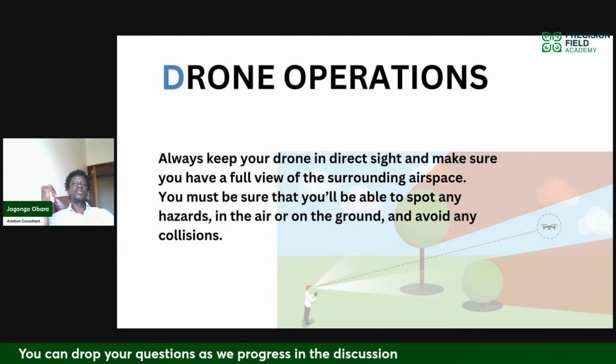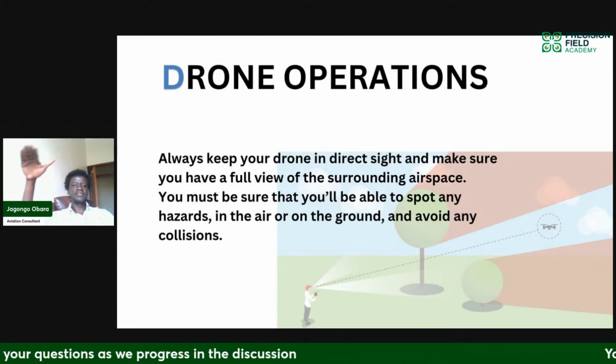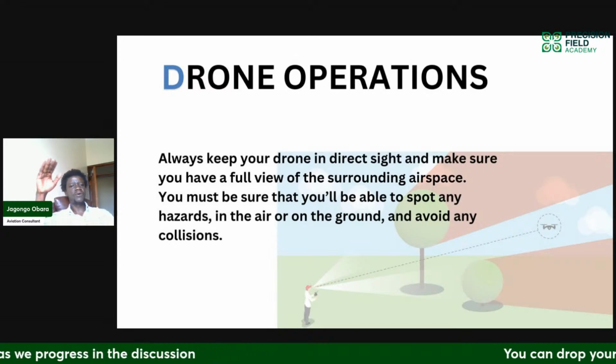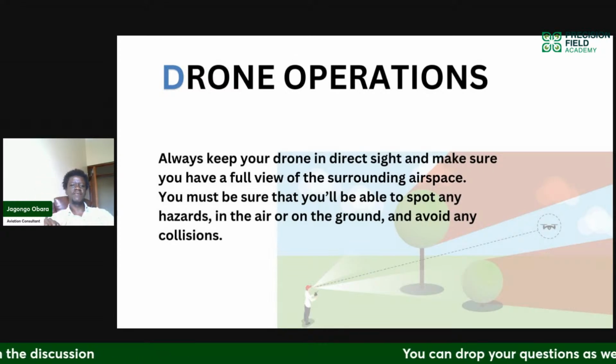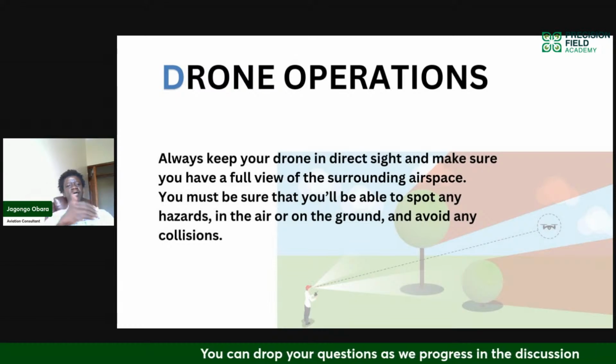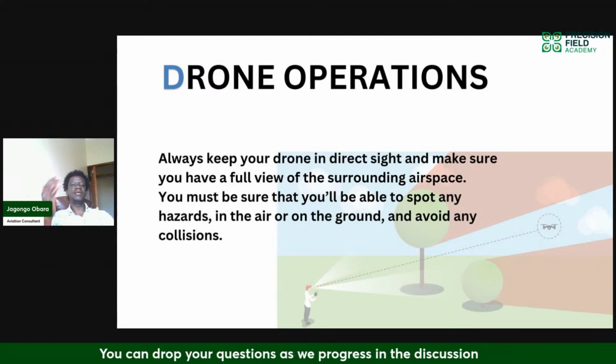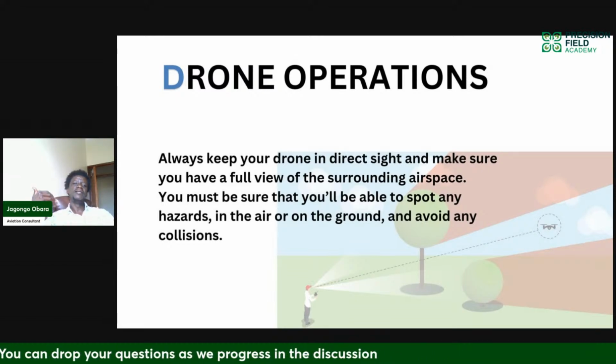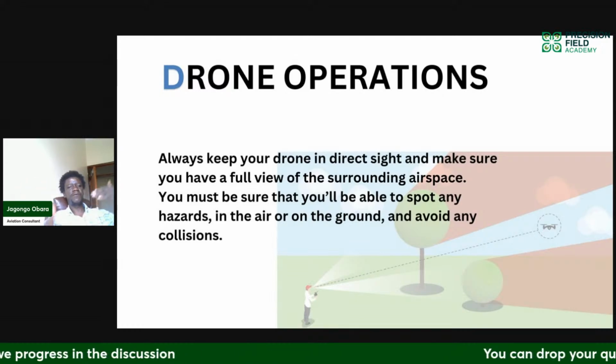You want to make sure that your drone is flying and it is doing all the nice things that it needs to do and coming back and landing safely. So visual line of sight is paramount and the bare minimum for any drone operation. There are some operations which might require the drone to fly farther away from you.